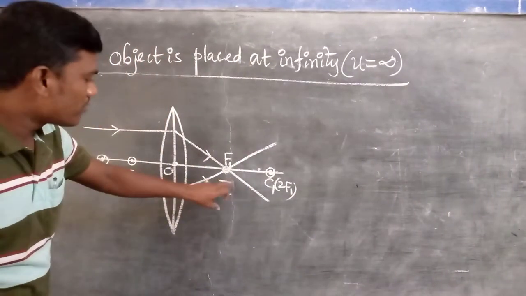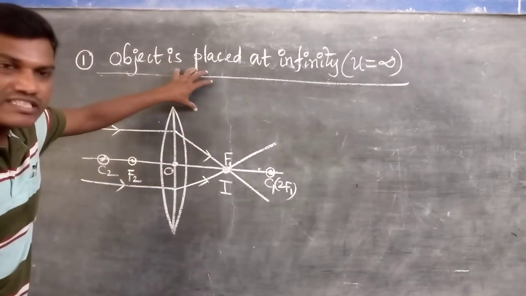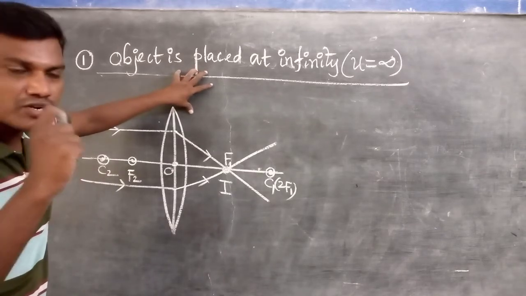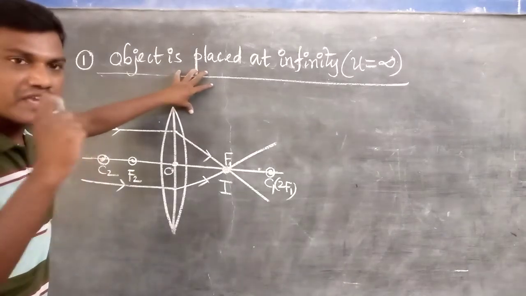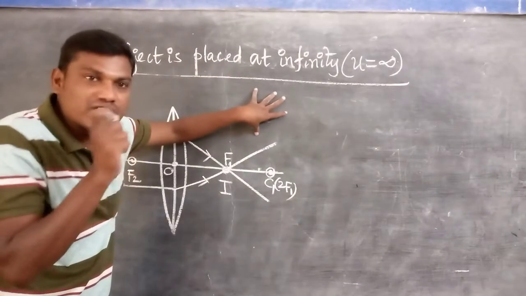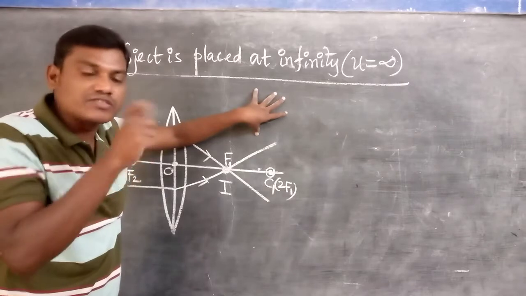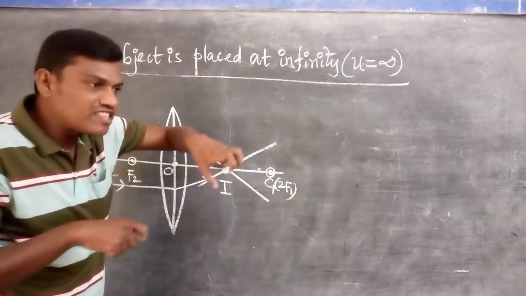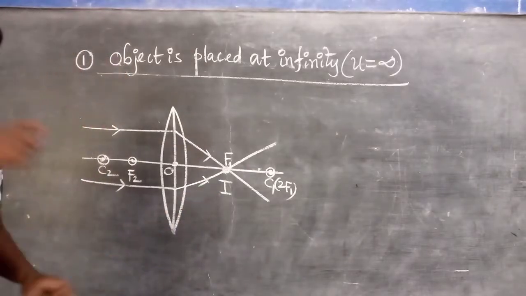What is our main concept? To graphically represent the formation of the image by convex lenses, with the help of ray diagrams and rules for image formation, to locate the position of the image and its nature.